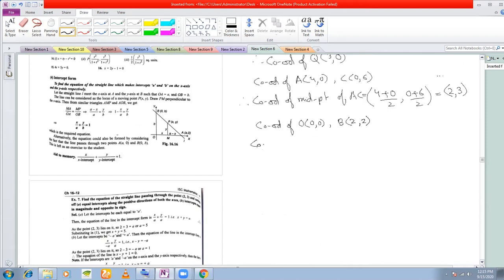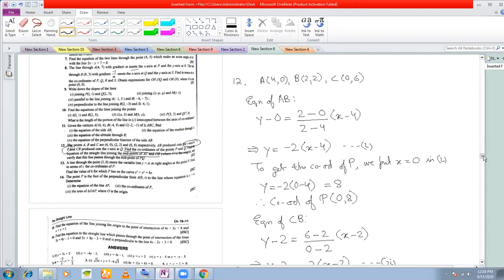Therefore, the coordinate of the midpoint of OB is (0 plus 2) by 2, comma (0 plus 2) by 2, which comes to 1, 1. Therefore, what is the equation of the line joining the midpoints of AC and OB? That is the question, right? Find the equation of the line joining the midpoints of AC and OB.